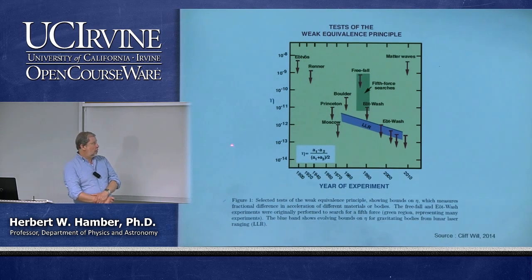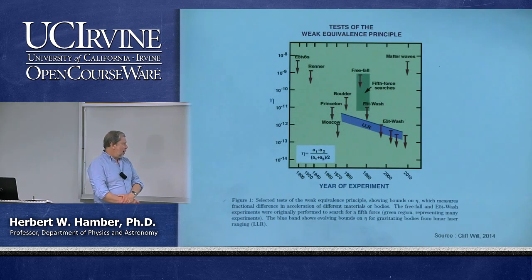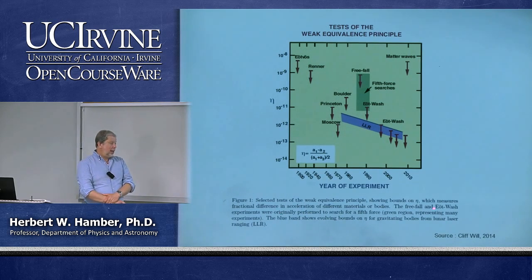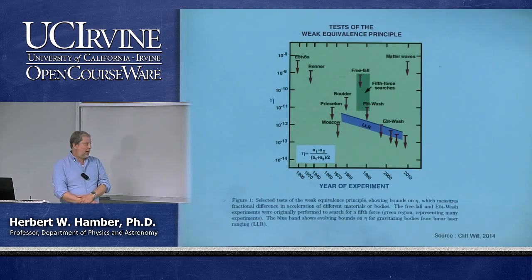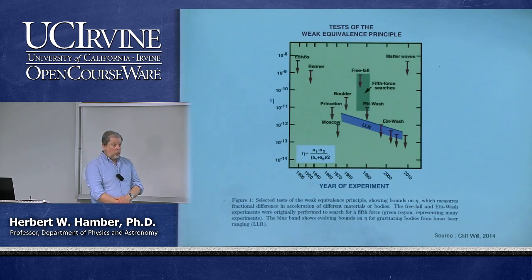And so we're down to basically the message you get out of this is that the principle of equivalence seems to be good to 1 part in 10 to the 12, maybe 1 part in 10 to the 13, right? And in fact, some of the best data, I said most of it is based on torsion balances, but in fact, some of the best data nowadays is coming from lunar laser ranging, where you measure the distance between Earth and Moon to great accuracy over long periods of time.